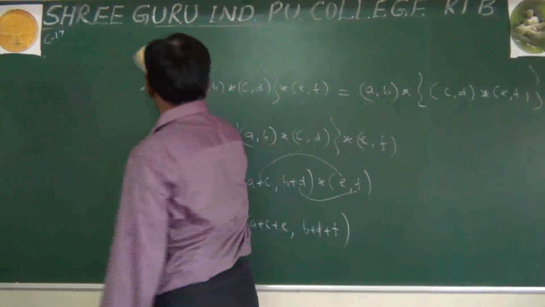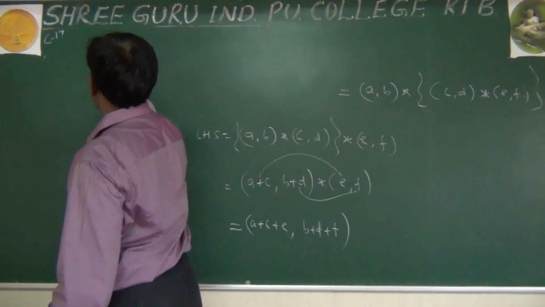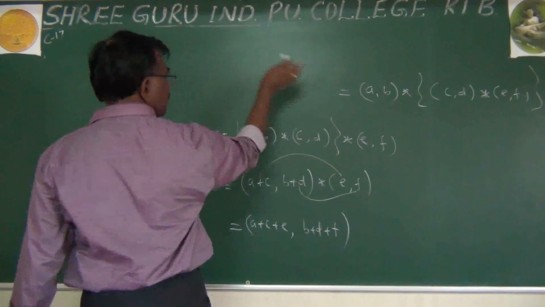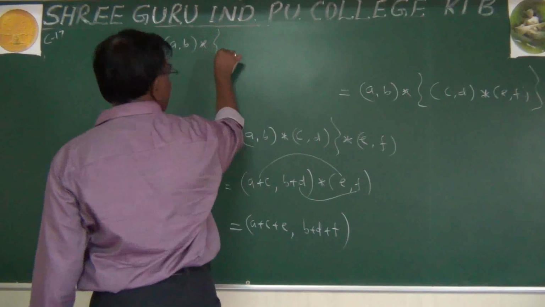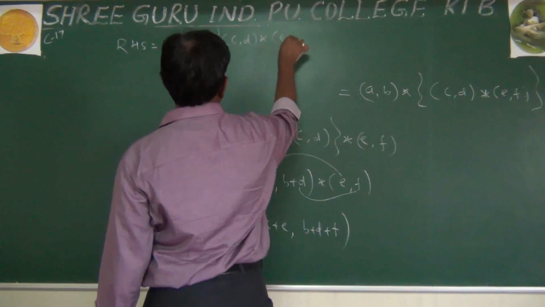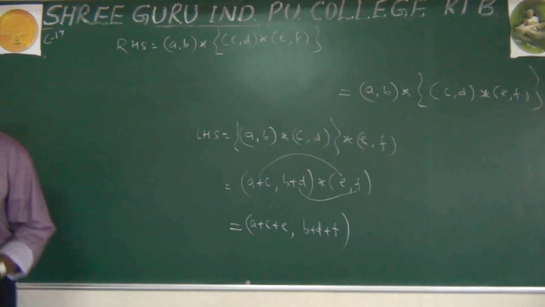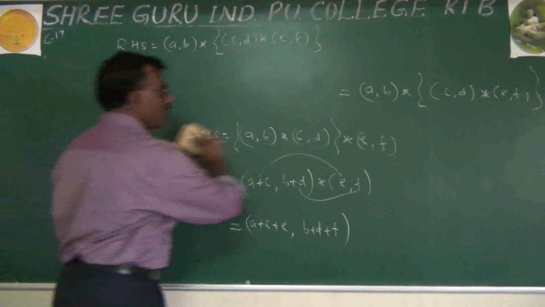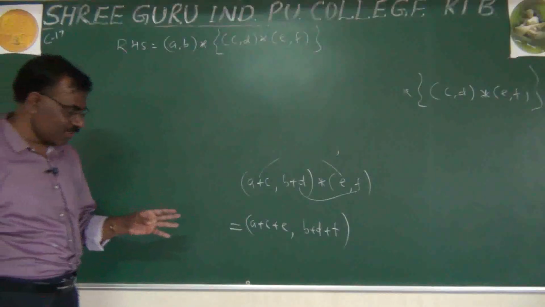Whether RHS is the same or not. What is the RHS? (A, B) star ((C, D) star (E, F)). This is also the same answer. If it is the same, then it is associative.